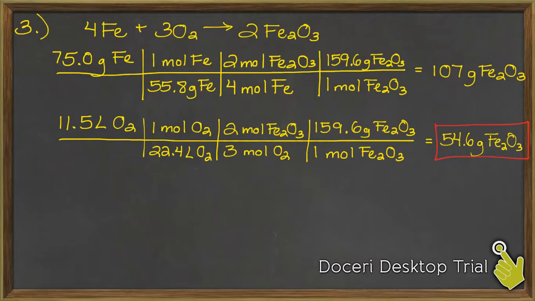Since oxygen gave me that smaller amount of product, that means oxygen is the limiting reactant. So when letter A says support your answer with calculations, these are the calculations we would need to see to support the fact that oxygen is limiting.